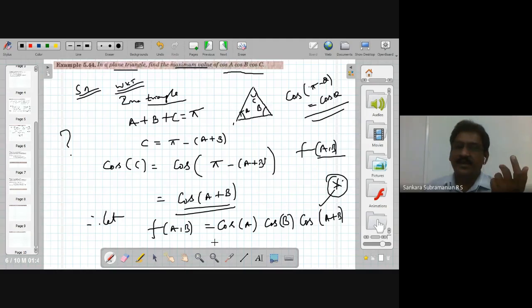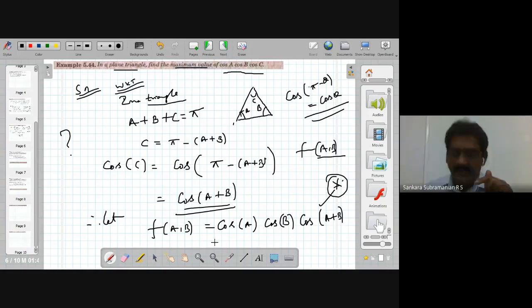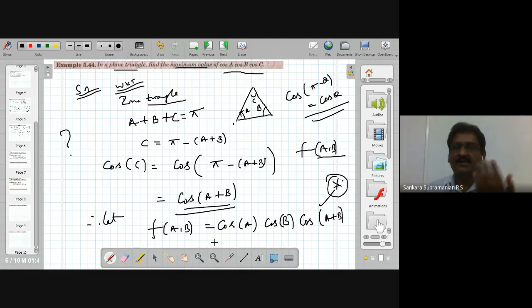Then find dou f by dou B. Then you have to put dou f by dou A equal to 0 and dou f by dou B equal to 0. Find the values for A and B. Those A and B will be the stationary values. Then proceed with r, s, t, and then you can find the maximum value for the function f of A comma B. Okay, fine.